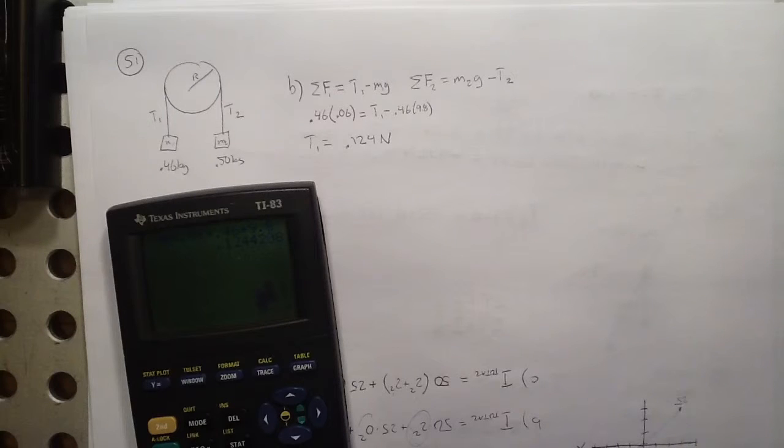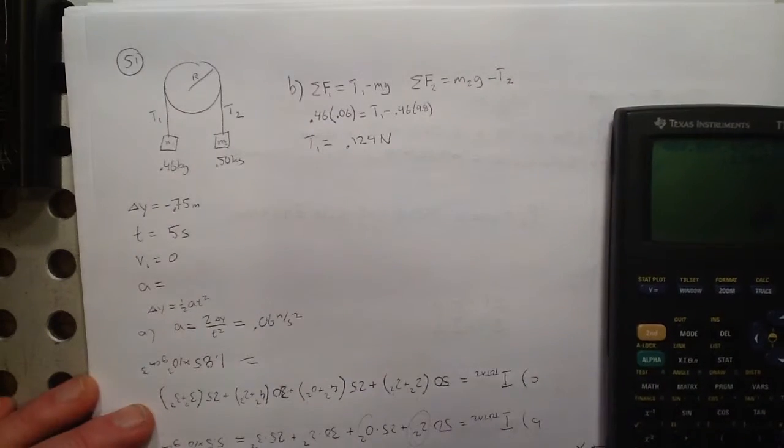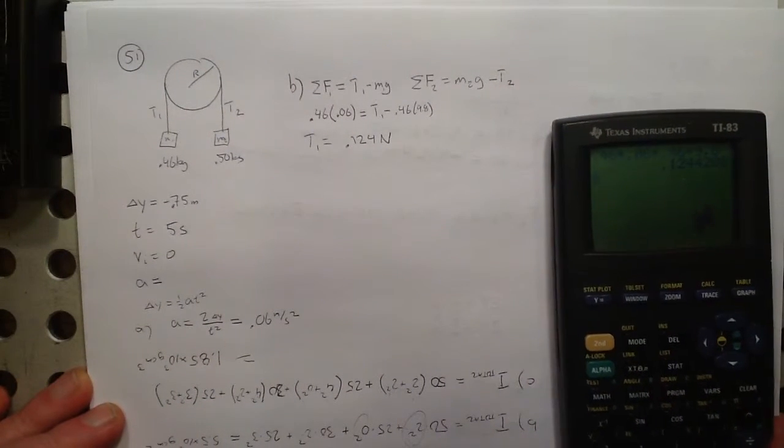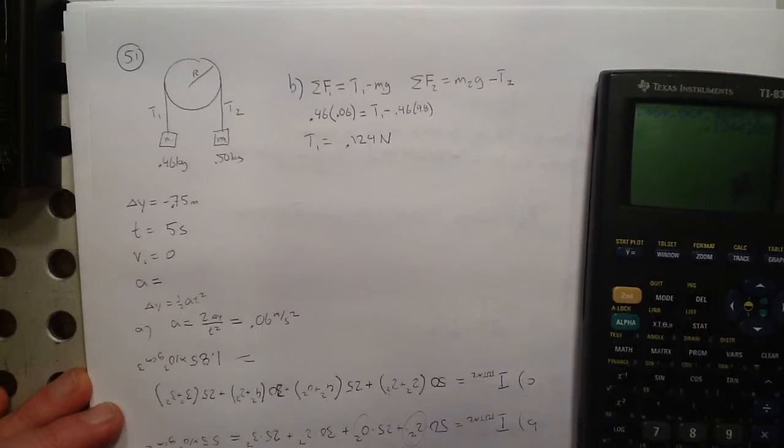Uh-oh. That doesn't look like what they have there. Let me just check my work here. Looks like I have the answer to part A right. So what did I do here?